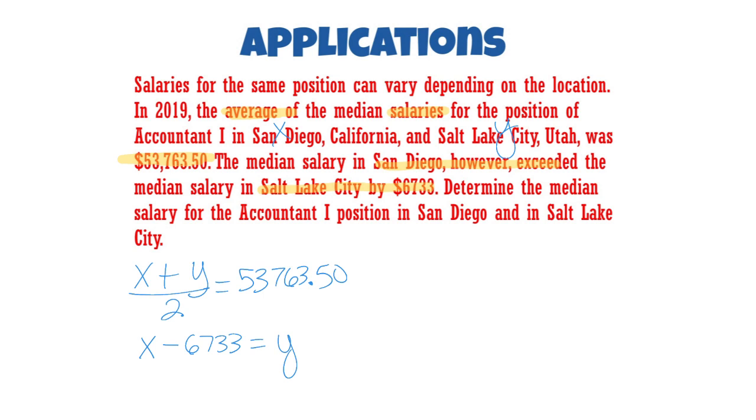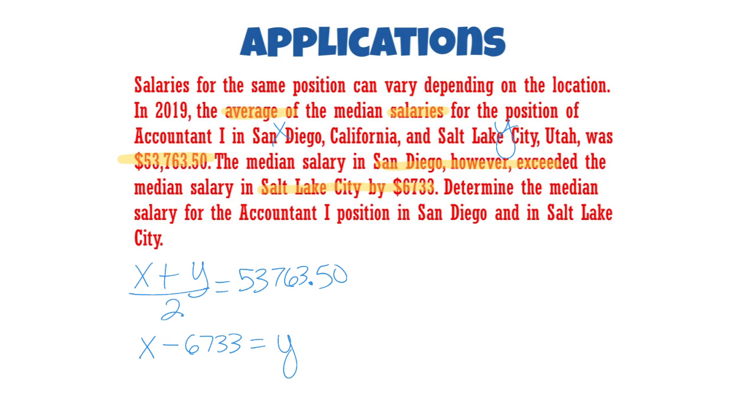Another option, you might have chosen to add the 6733 to the Y. Take Salt Lake City's and add 6733 to build it up to what San Diego is. Either one would be fine. I'm going to rearrange it probably anyway.